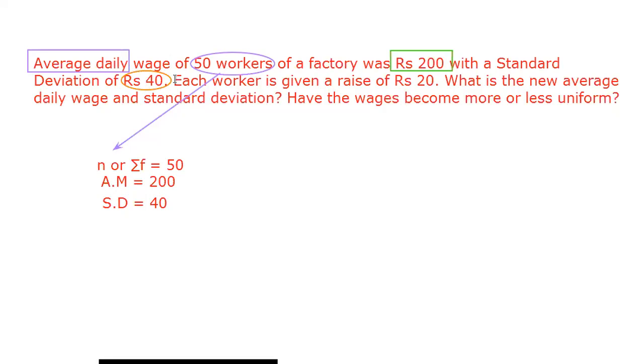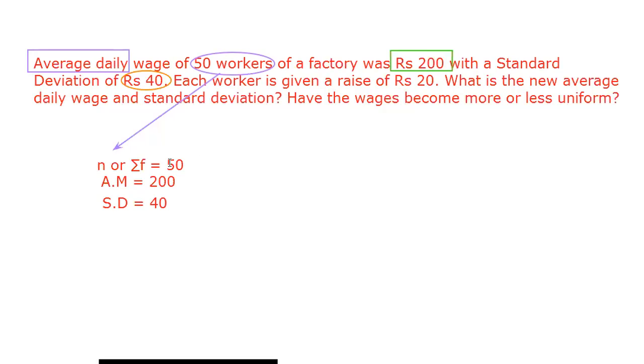Now what happened? Each worker is given a raise of rupees 20. So now they are raising the salary by rupees 20. What is the new average daily wage? That means we need to find the new arithmetic mean, and what is our new standard deviation?